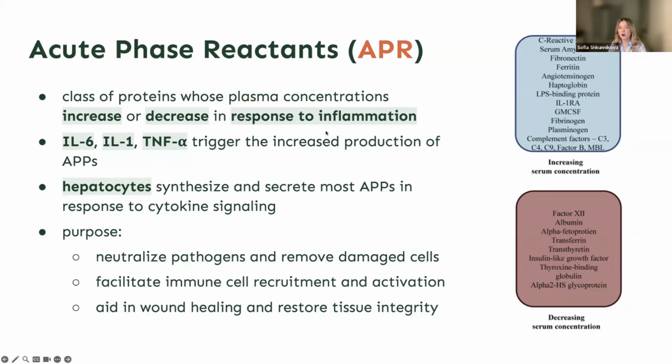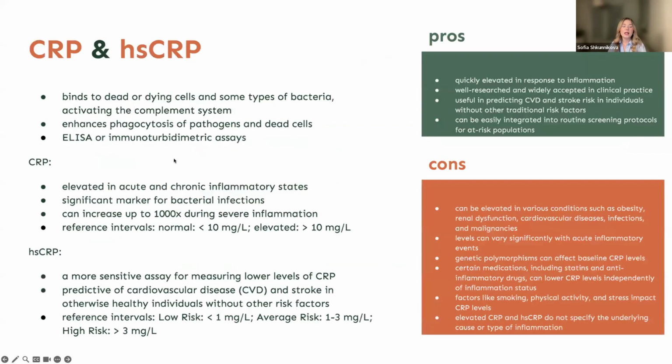So you can see all of them here listed, both the acute phase reactants whose concentration increases in inflammation, and ones whose concentration decreases. But we will be focusing on the first group.